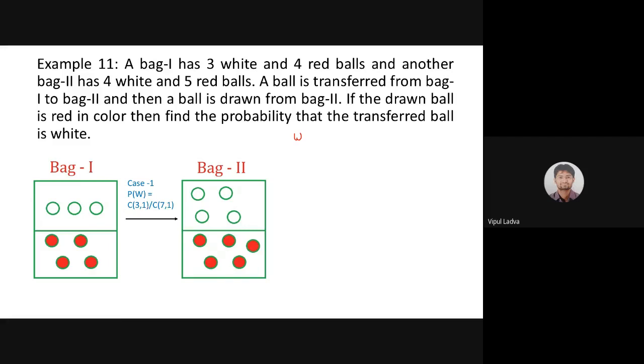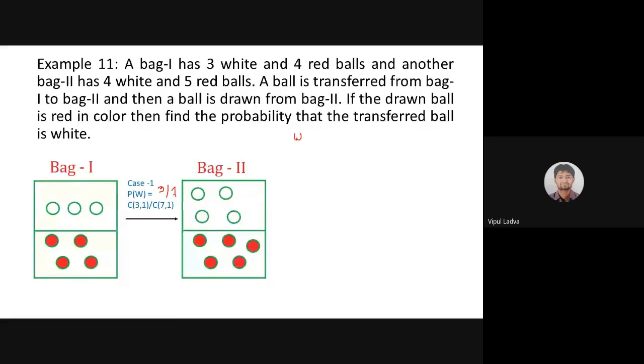So the way I need to choose is to get one ball from those 7, that will be our total cases, that is 7C1, which will be 7, and in the numerator it will be 3C1, because white balls are 3. So that probability will be 3 by 7, is it? So this probability will be 3 by 7.